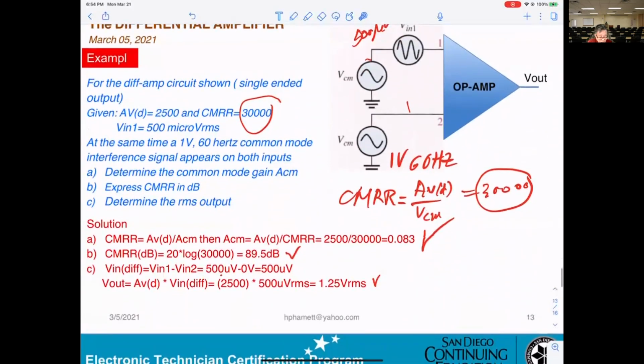Okay, if not, what else here? In here they already give you a solution. I'll just quickly go through that. Now, for the differential amplifier circuitry shown, single-ended output. Okay, what does that mean?